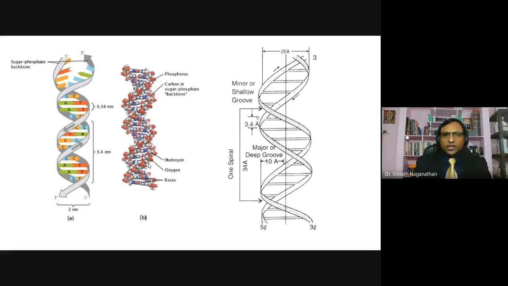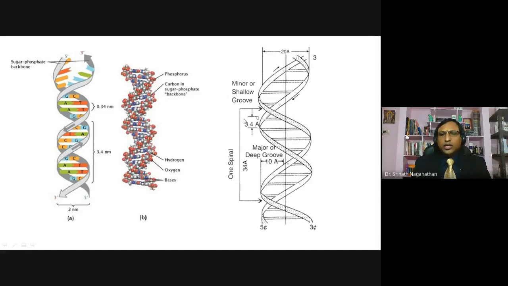So if you see the structures as we have discussed, it has a 5' to 3' direction and a 3' to 5' direction. The diameter of this is 20 Angstrom, and this is your major groove, and this is your minor groove.